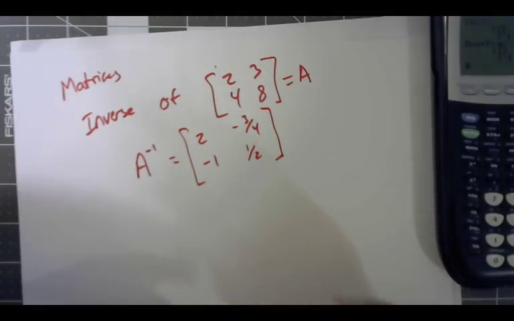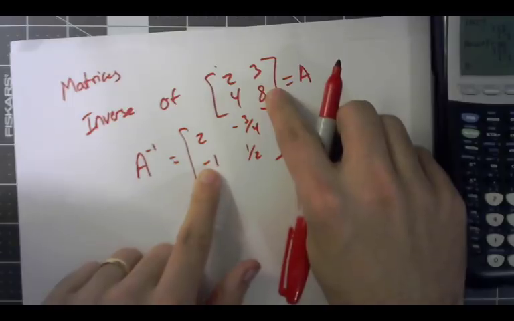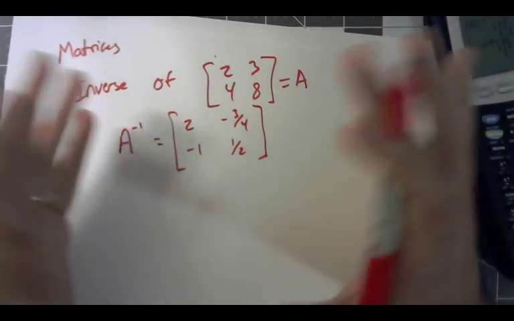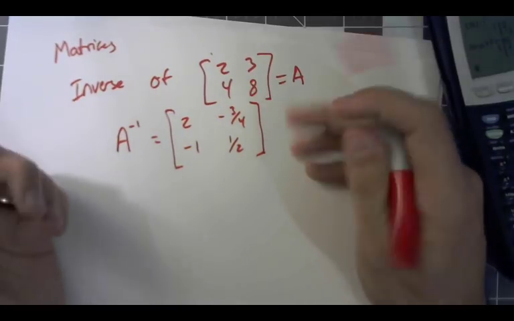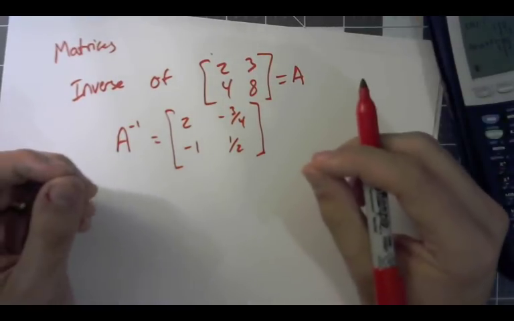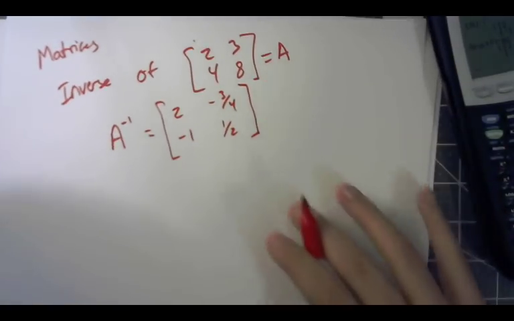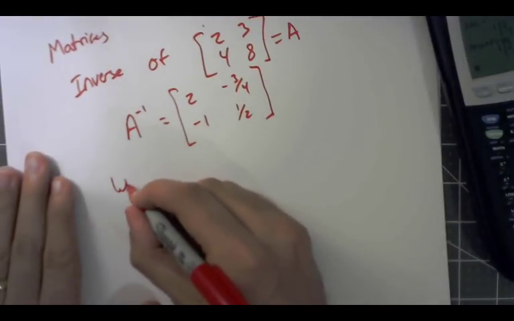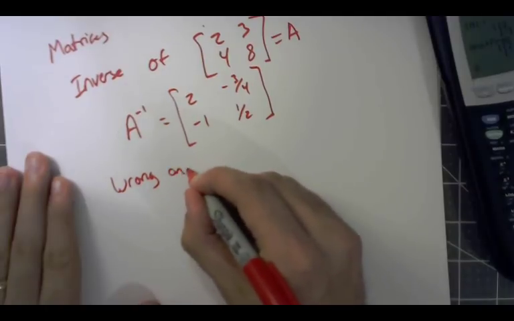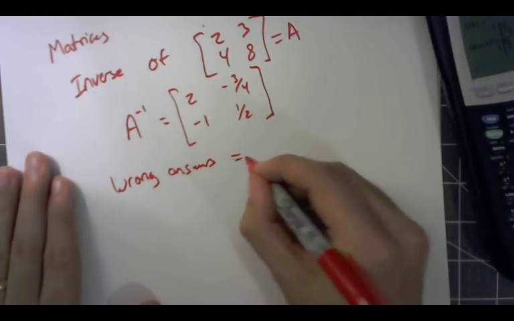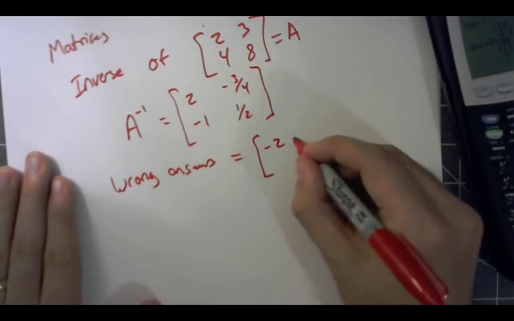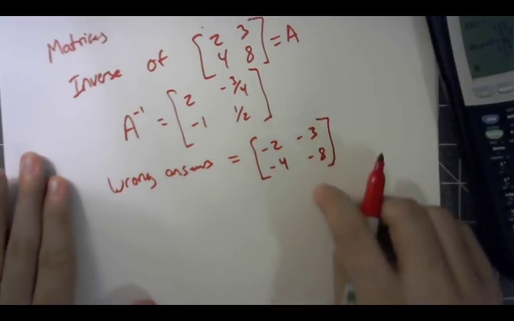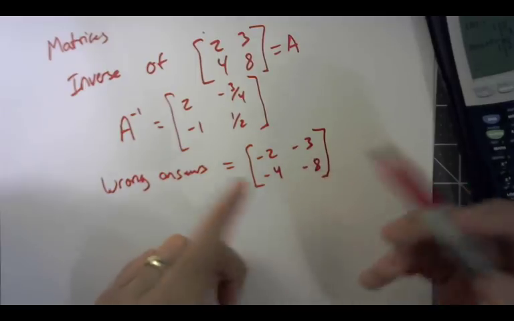As you can see, these are different. It's not sort of a nice little pattern. It's really complicated how we get this. We talked about it very briefly. But on some of the multiple choice questions, I have wrong answers. Like this. I did one, I think it was -2, -3, -4, -8, because some people may think, oh, inverse will just make them all negative.